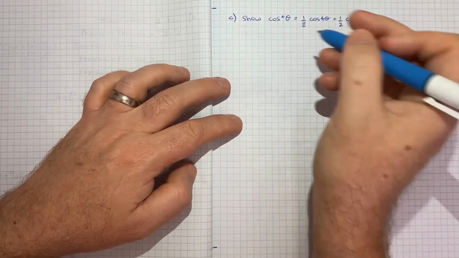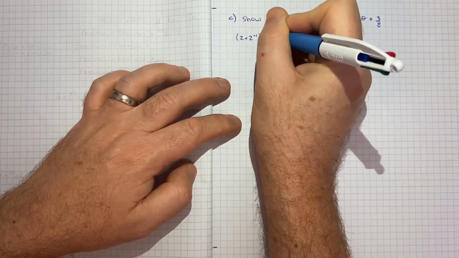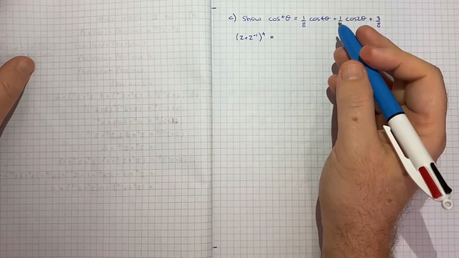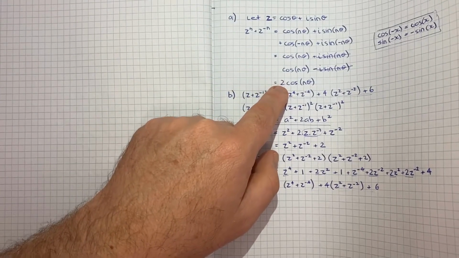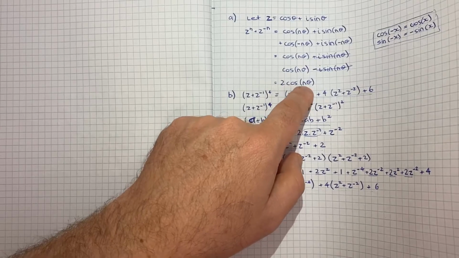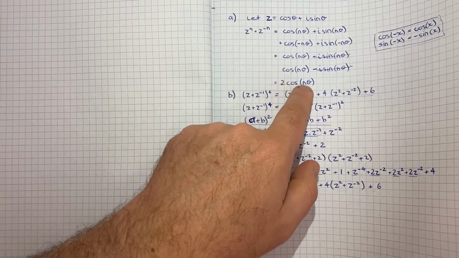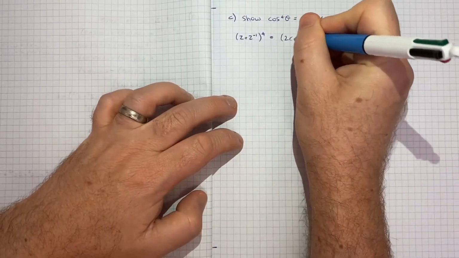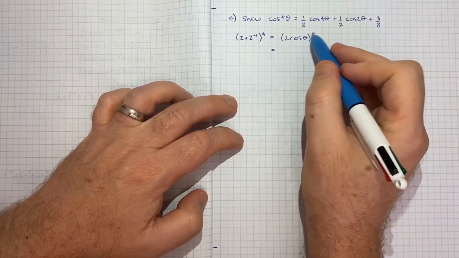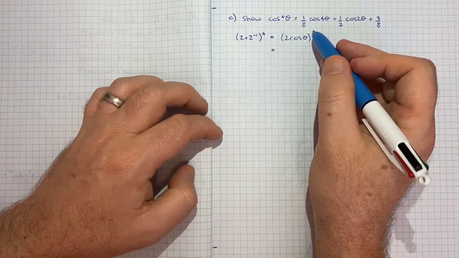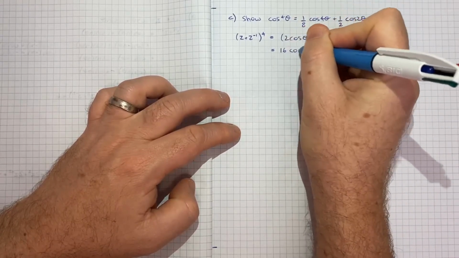So what we can start with is we know that z plus z to the negative 1 all to the power of 4 we can write, using our result from part A, as 2 cos theta, because our powers here are 1, so it's 2 cos 1 theta. So it's 2 cos theta all to the power of 4. So that's going to be 2 to the power of 4, which would be 2 times 2 is 4, times 2 is 8, times 2 is 16, cos to the 4 theta.